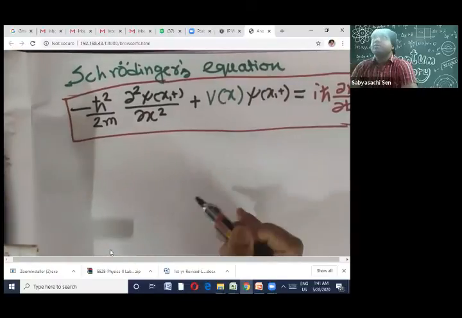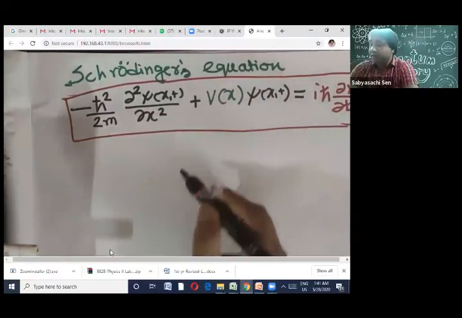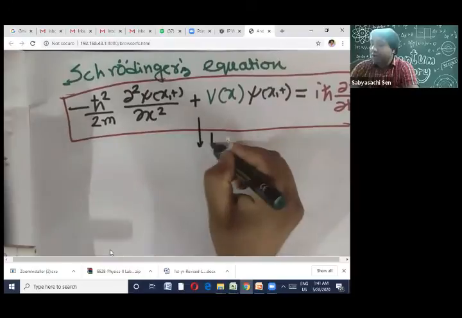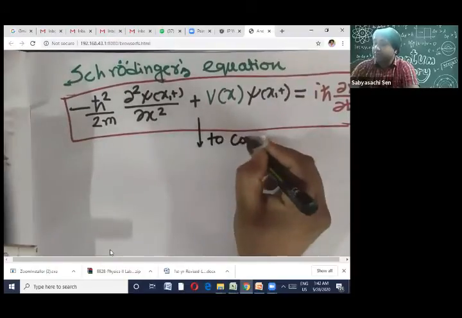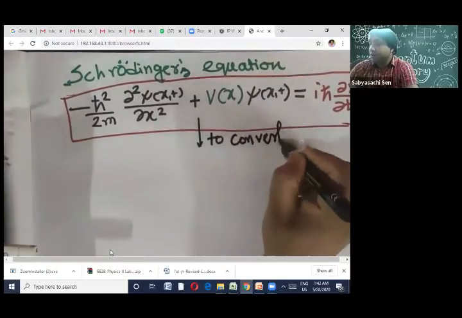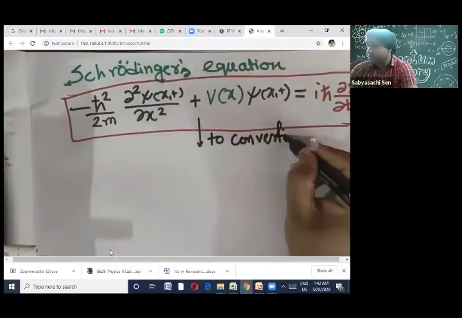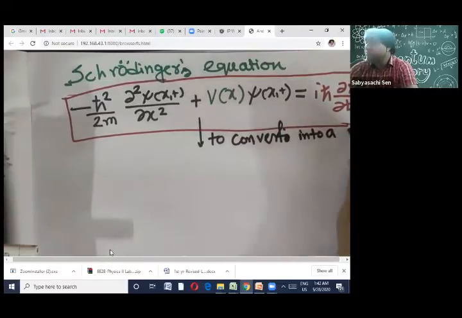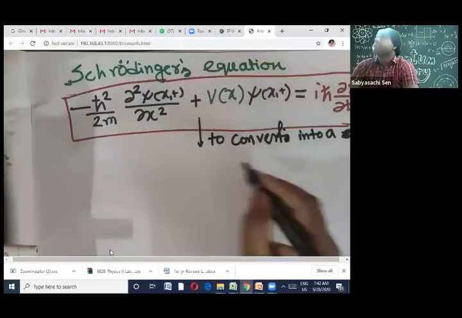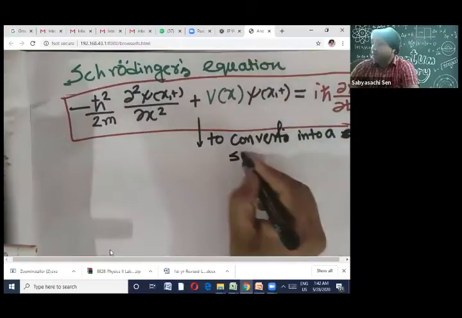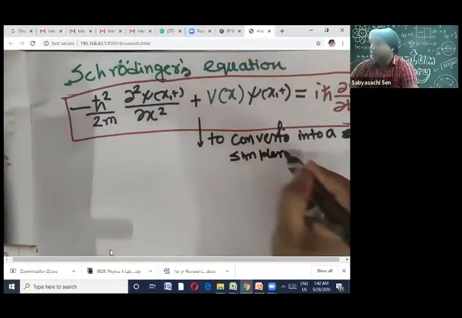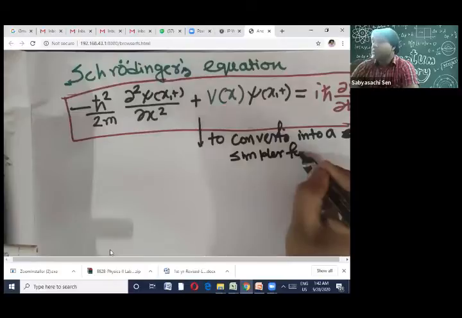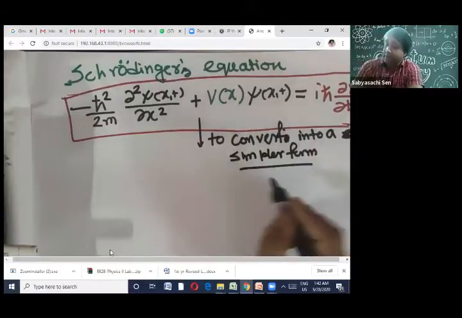So I hope you can see this. This is the Schrodinger equation. I have to convert this equation into a simpler form. So what is the prescription?